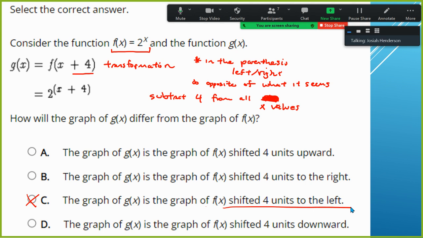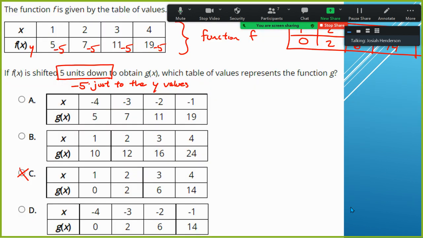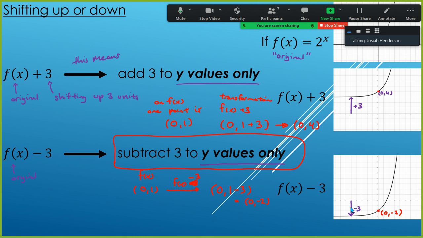I have another example to show you, but really quick, I want to just go back to these rules. So here's the first ones we did, up and down. Just a quick reminder, if it's an up-down shift, the equation is going to be the change, the transformation, the plus 3 is on the outside of the parentheses. Notice that here, plus 3 on the outside, minus 3 on the outside.